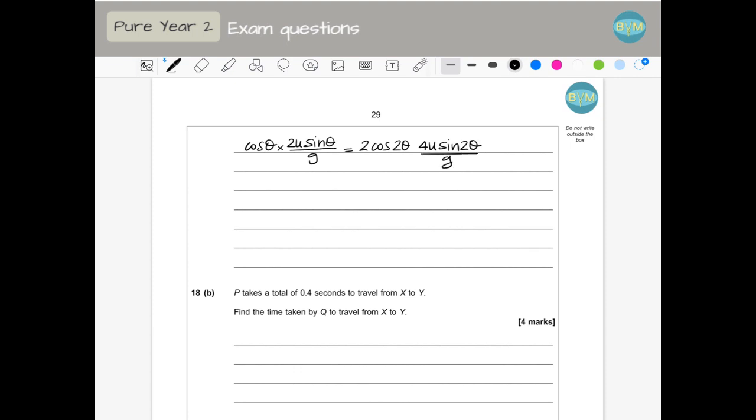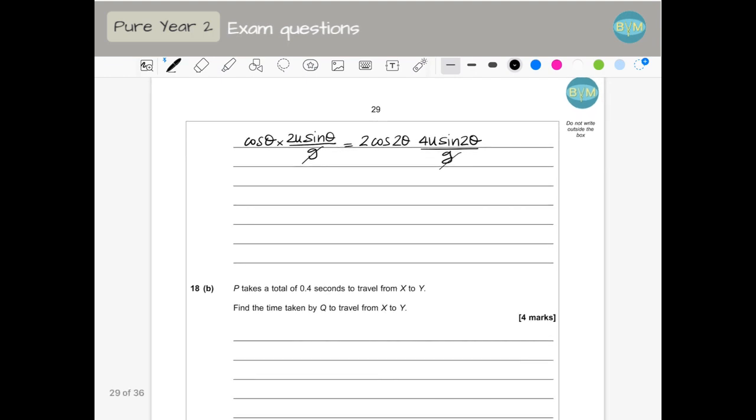So let's see what we can cancel. We can cancel g, we can cancel u with this u, and I have cos θ sin θ, cos θ sin θ equal to cos 2θ of 4. I'm going to write the 4 at the front. So 4 cos 2θ sin 2θ.